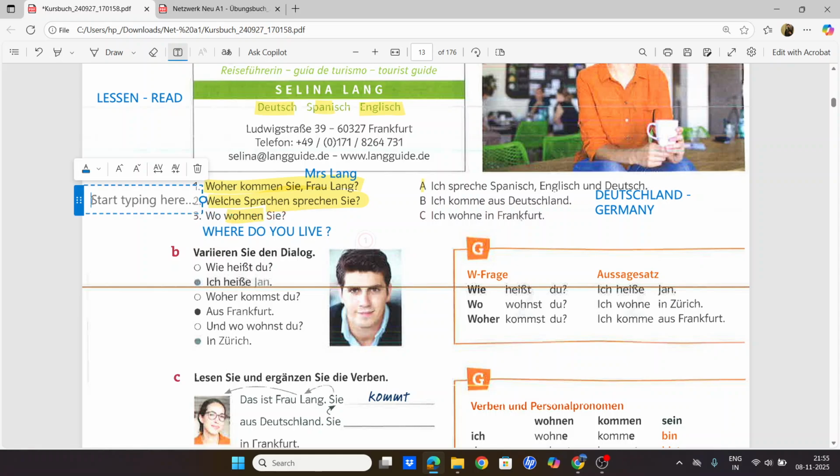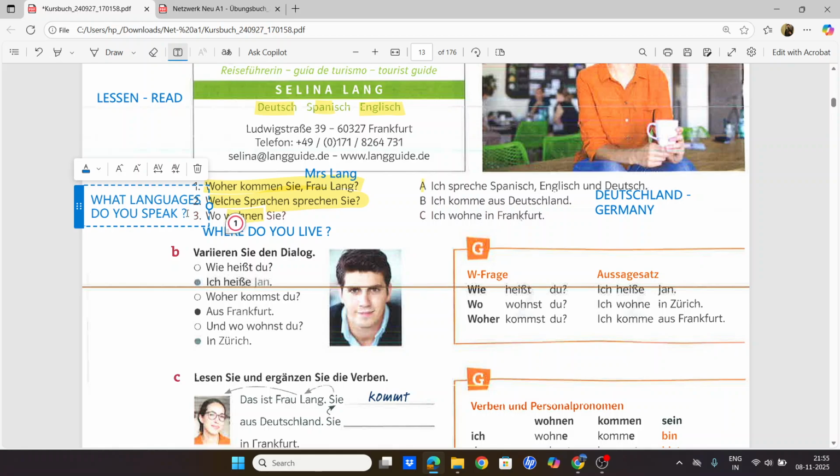Second one: welche Sprachen. Sprachen means languages. I forgot the spelling of languages. What languages do you speak? Yes, this is the correct word.